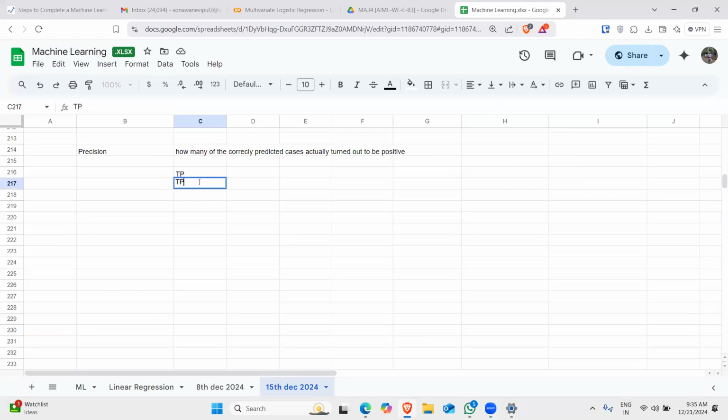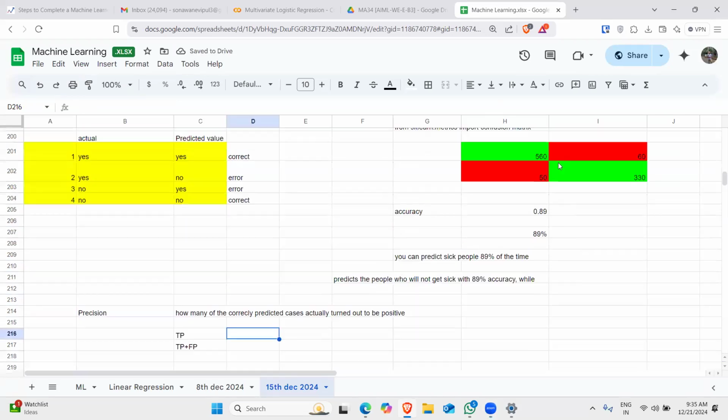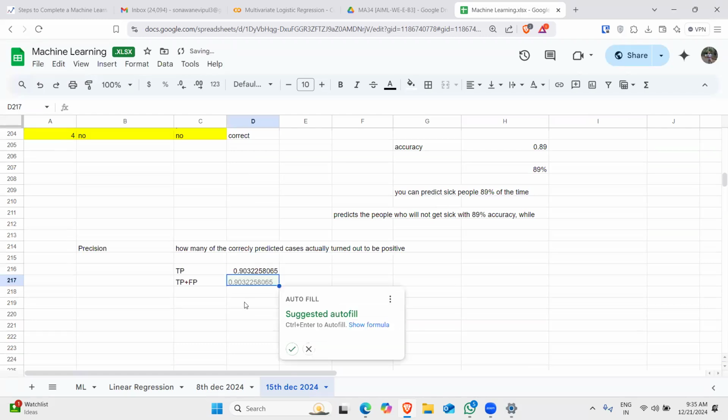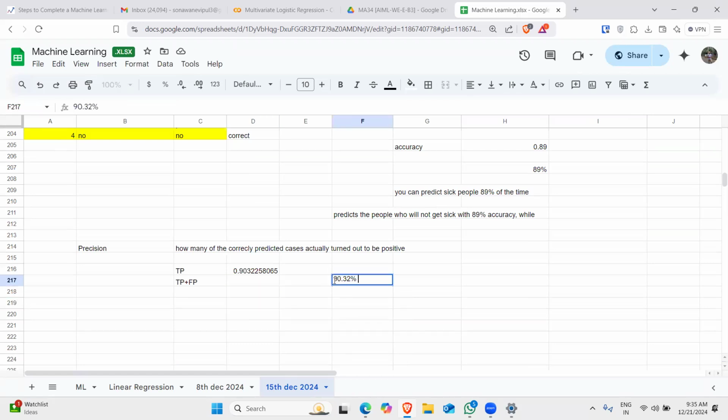Simple. So TP plus FP. If you calculate using this formula, it is 560 divided by 560 plus 60, which is 620. So it is 0.9032, 90.32% is the precision.